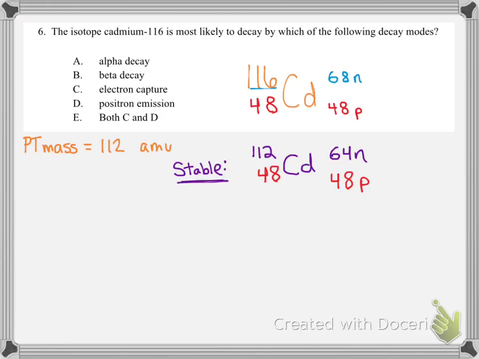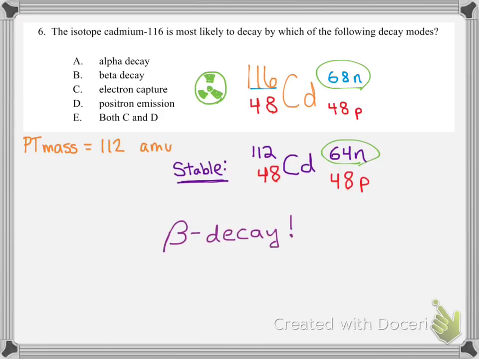Now, just compare our stable isotope of cadmium, cadmium-112, with our radioactive cadmium-116. What's the issue? Well, if we compare it to the stable isotope, cadmium-116 has too many neutrons. So that means this is going to be an ideal candidate for beta decay.